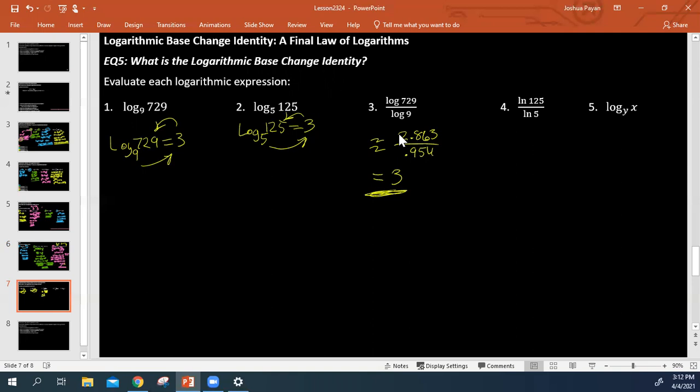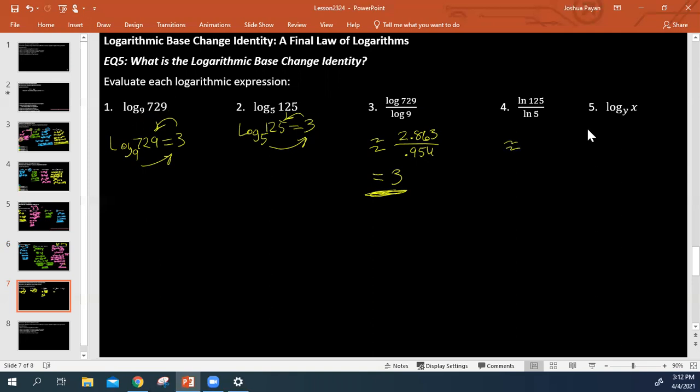Okay, that looks familiar, right? And then look at these two numbers too. So we're establishing a pattern here. Same thing over here. So natural log of 125 over natural log of 5.